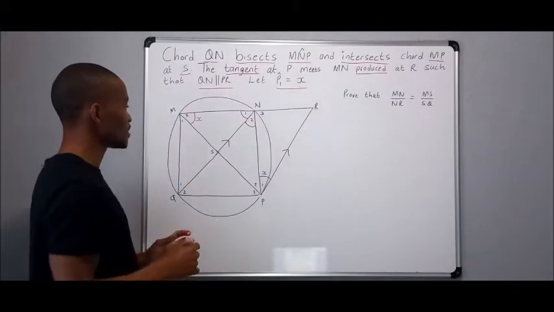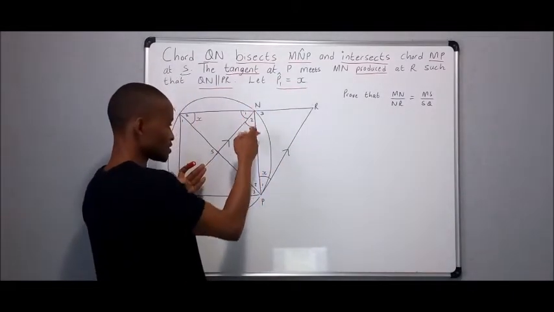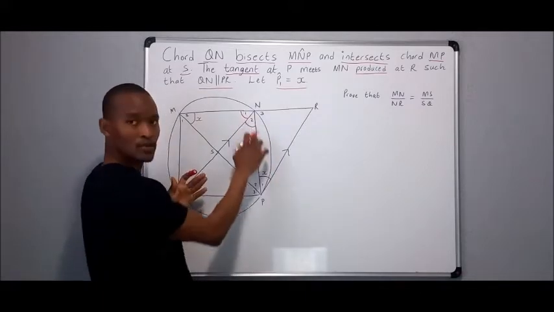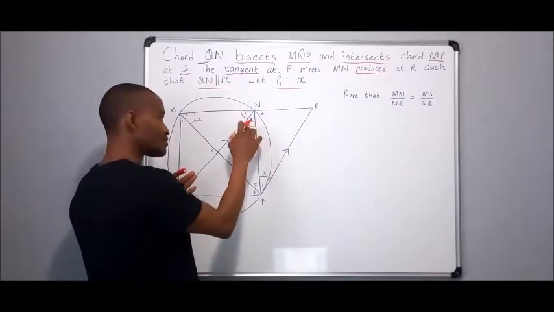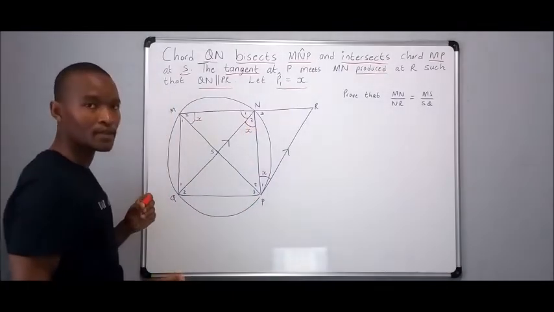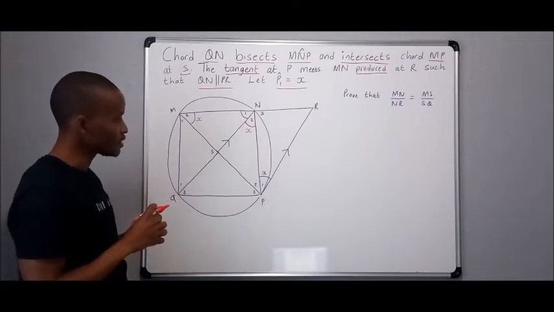Let's go to the parallel lines. With the parallel lines, there's a transversal here in the form of a chord. So what can you say about these two angles? Yes, alternate angles. So this is also what? X. Good. We see that there is a cyclic quad.